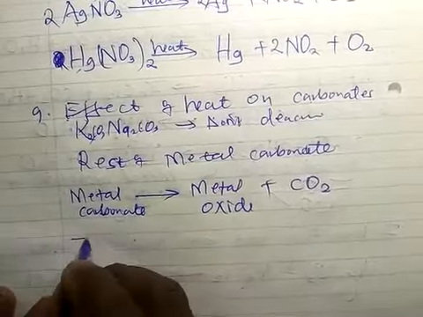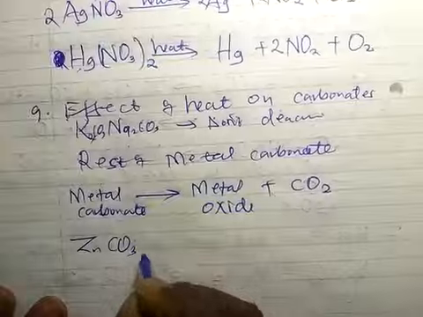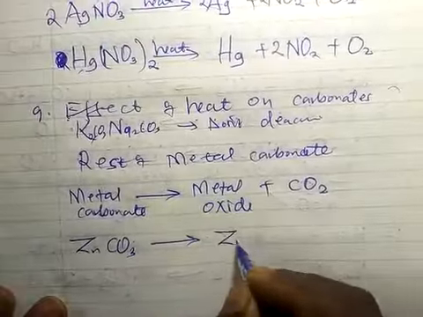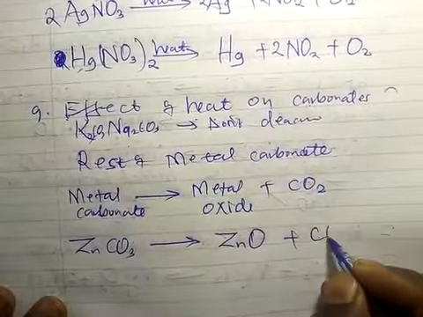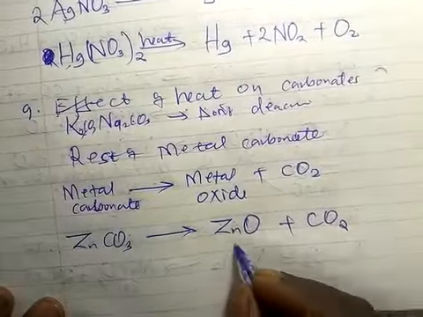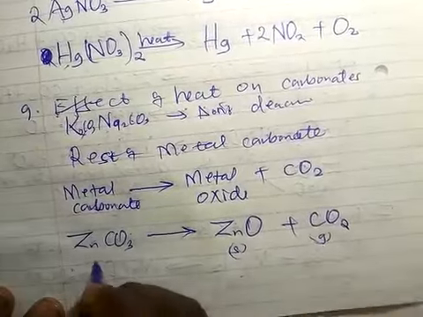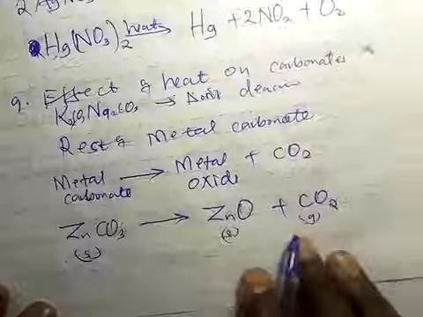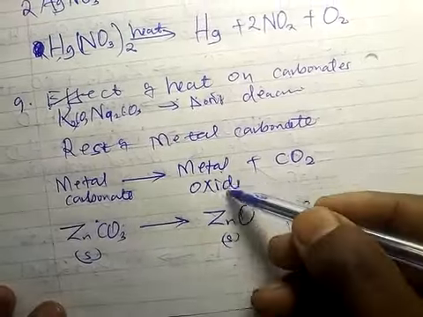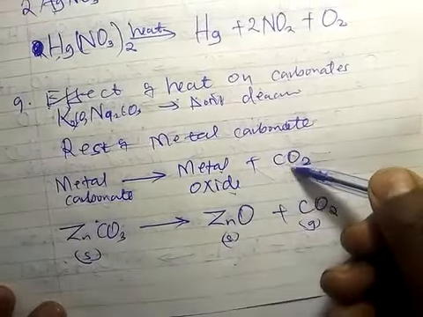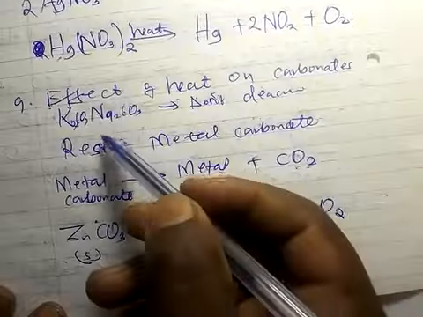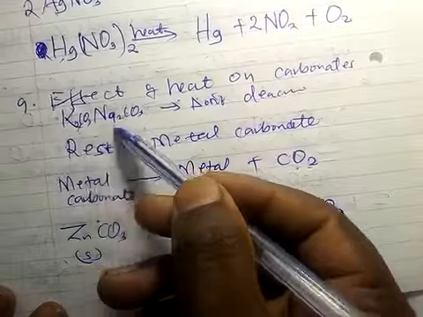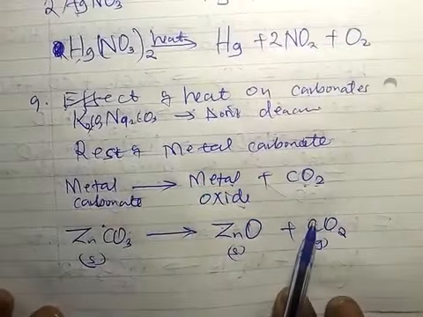For example, you can take zinc carbonate. It will decompose to give you zinc oxide plus CO2, as simple as that. So all carbonates will decompose to give you the metal oxide plus carbon 4 oxide, except potassium carbonate and sodium carbonate, because they do not decompose on heating.